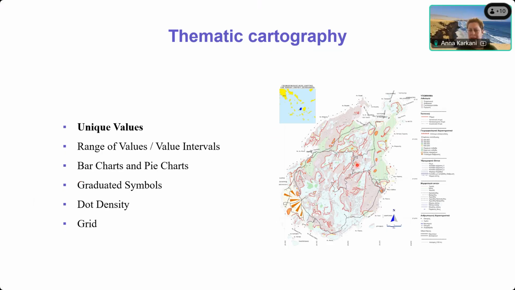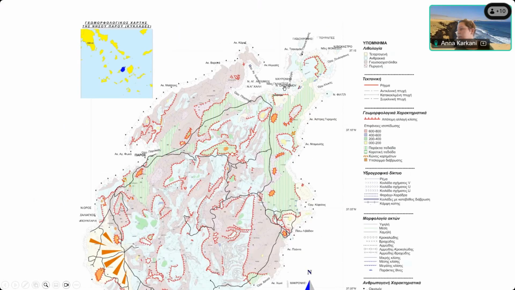Here, in the map that you see on the left, let me try to zoom in a little bit because it's a bit far away. So you can see the island of Paros. This is a geomorphological map of the island of Paros, and you can see in the legend on the right that we have different information layers.